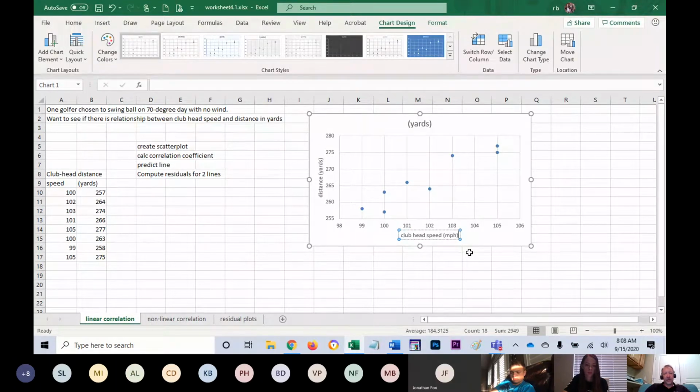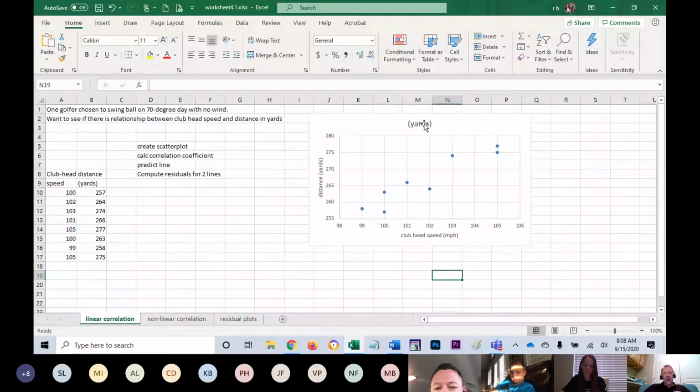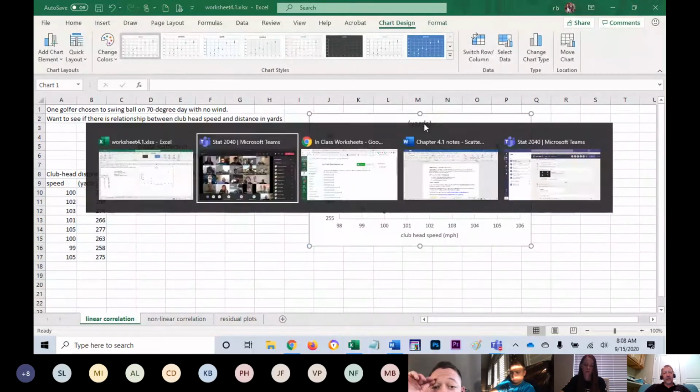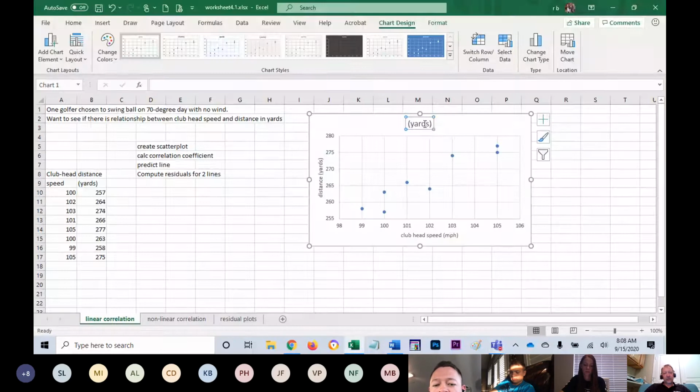Yes, miles per hour. And maybe for the title, what should we put for a title, Hayden? Sorry, I was muted. Probably the distance of golf balls hit.